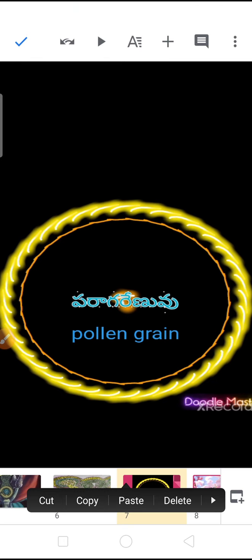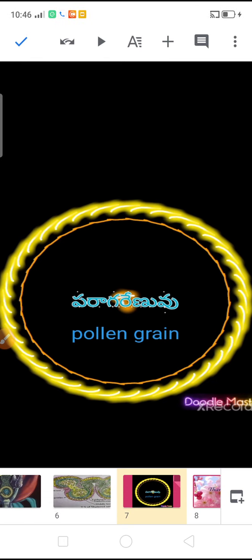The outer layer consists of sporopollenin, which checks the natural decay of the pollen grains. It is due to the sporopollenin that the pollen grains get preserved during fossilization.